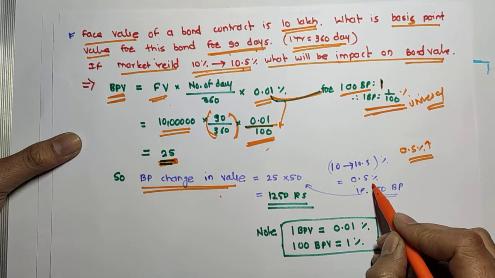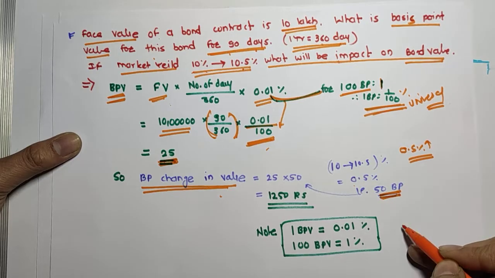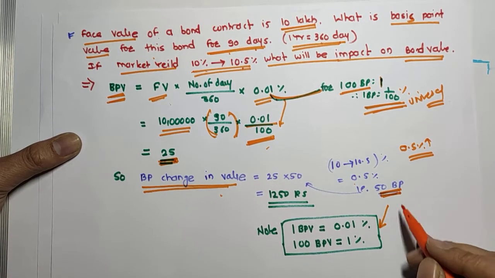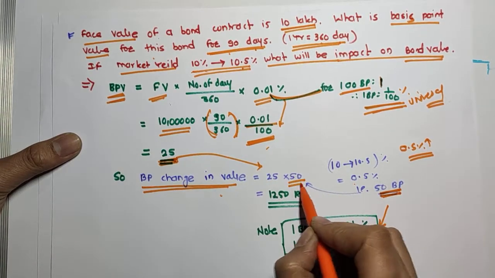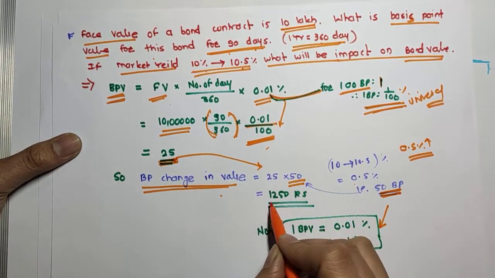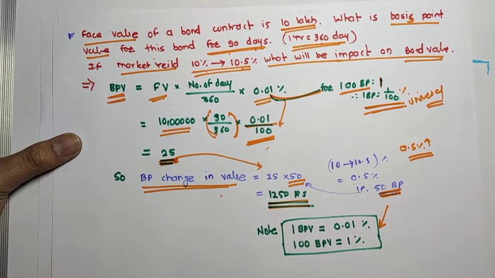What is 0.5%? That is nothing but the 50 basis point. See here relation, from here you can easily come to know. So just multiply that BPV by the points. So you will get 1250 as your answer, right?